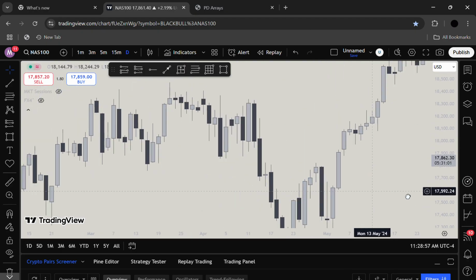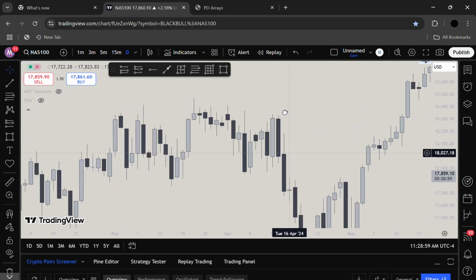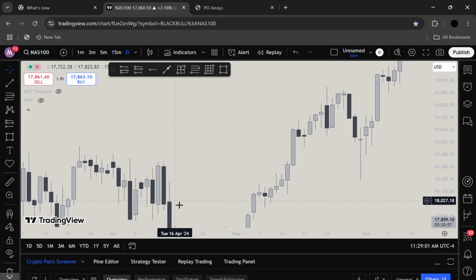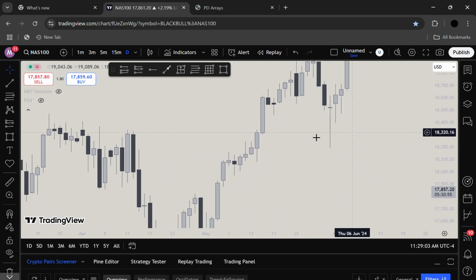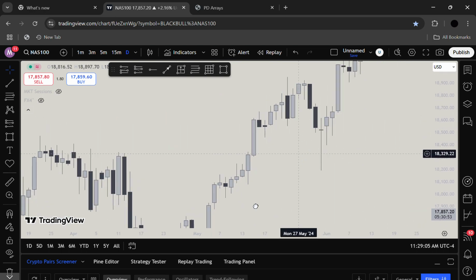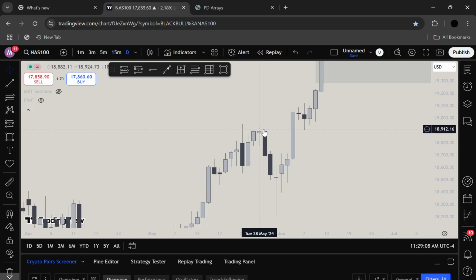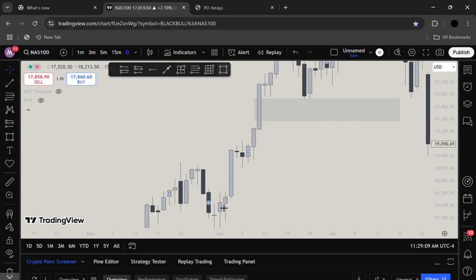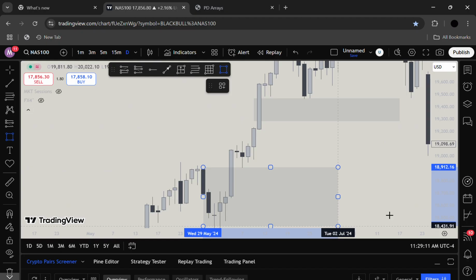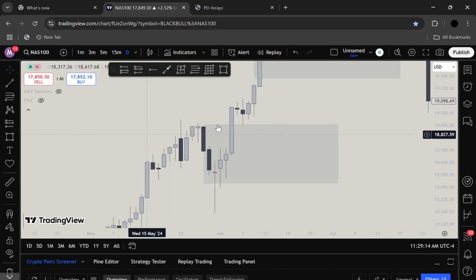Again, what happens here? We have a block right here. I'll be going deeper into all the blocks. The blocks are a bit trickier, there's more things you need, but that's an order block too.